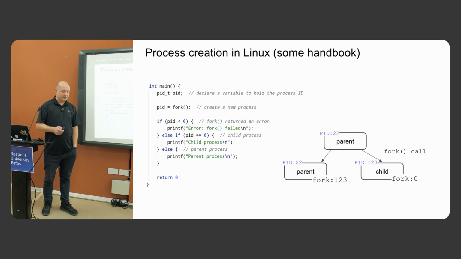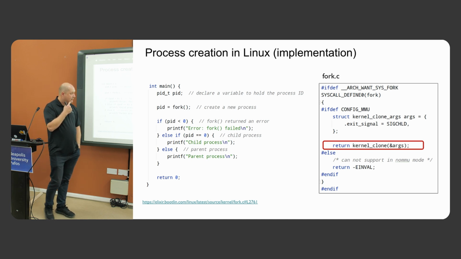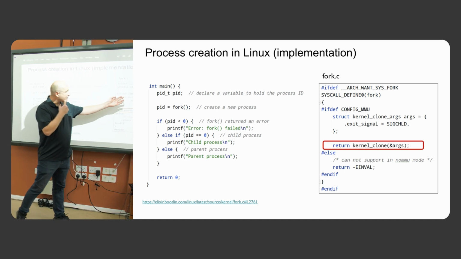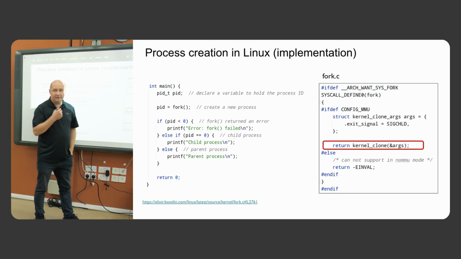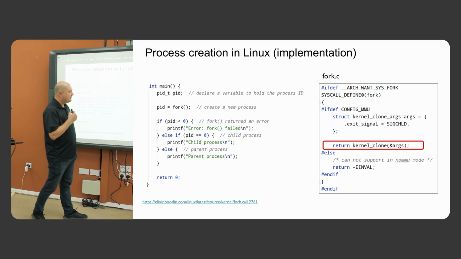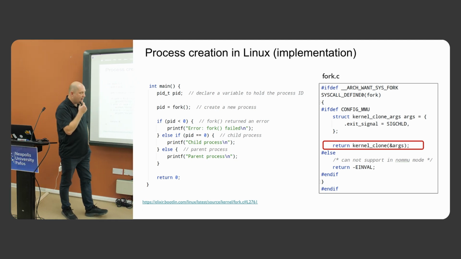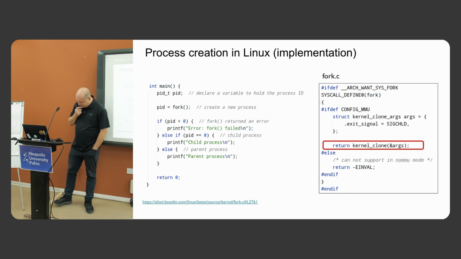But if we have a look at the implementation, we will see that this is actually a fork system call, but there is no fork. There is kernel clone. Why is it interesting for us?